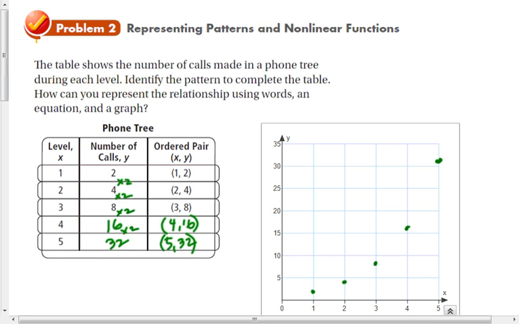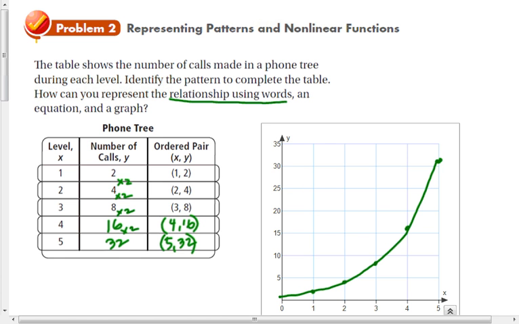And if you look closely, you'll notice that these are definitely not going to make a straight line. They make a curve. So we know this is nonlinear. And so what's happening is as the level increases by 1, the number of calls doubles. That's how we would represent this relationship using words.